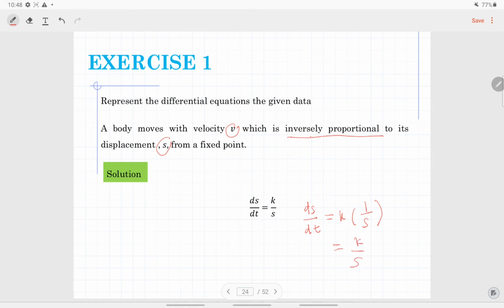We know that the velocity is the rate of change of the displacement, that's why we get here ds over dt, the rate of change of distance or displacement. So v equals ds over dt. If you want to get back the value of s, the displacement, we need to integrate the velocity.